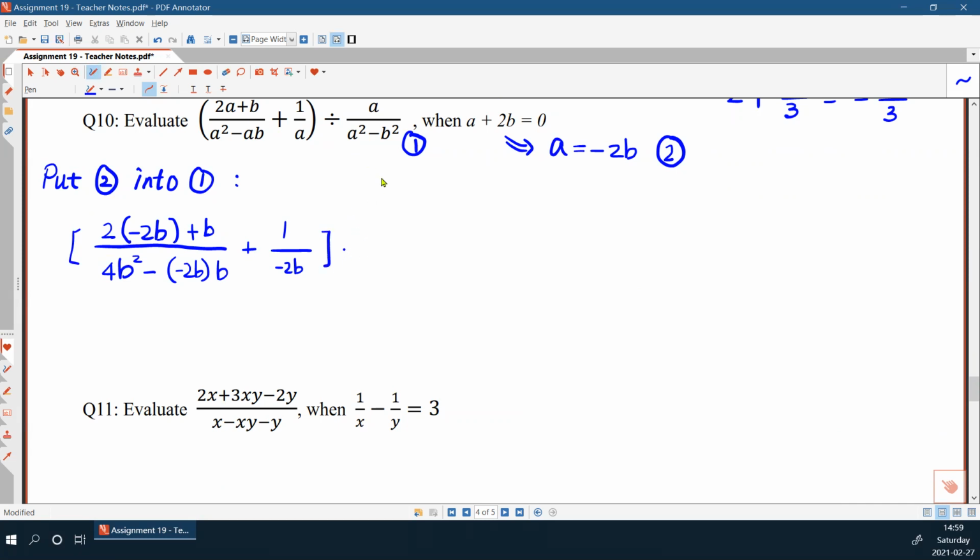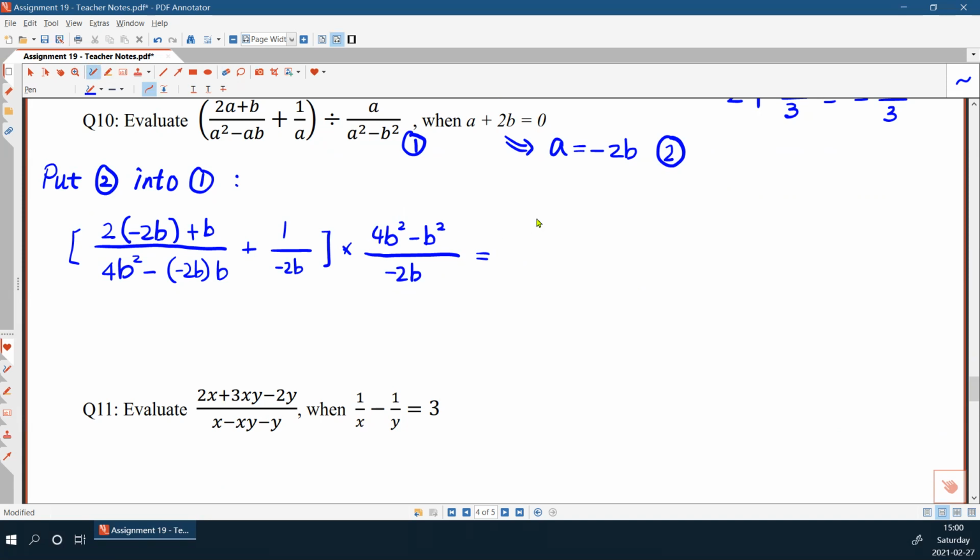Okay, divided by something is times the reciprocal of this, which is a squared minus b squared, which is actually 4b squared minus b squared over a, right? Okay, so now we can try to simplify. Sorry, a here can also be substituted with minus 2b. So now we can simplify this.